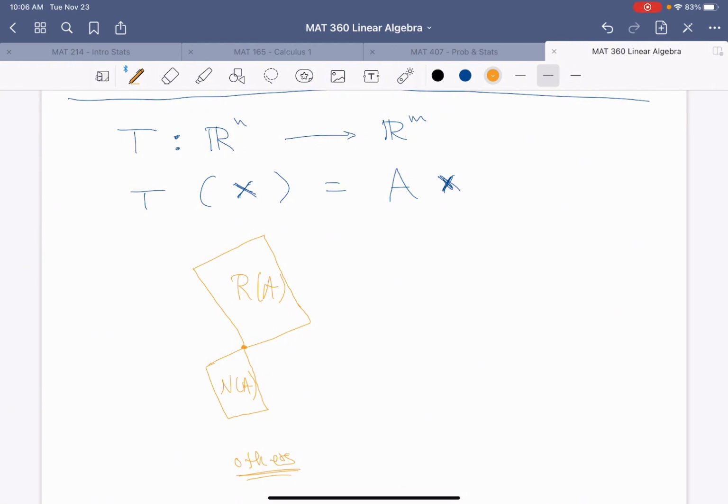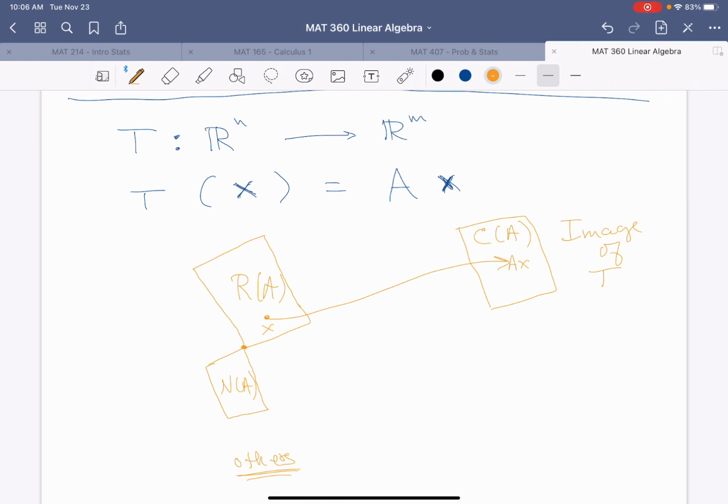Okay, so if we pick a vector in the row space, so maybe this is our x, then it's going to map to all the Ax's, and that lands us in the column space of A. So remember that the column space is the set of all these Ax's. So it's the image of this transformation.